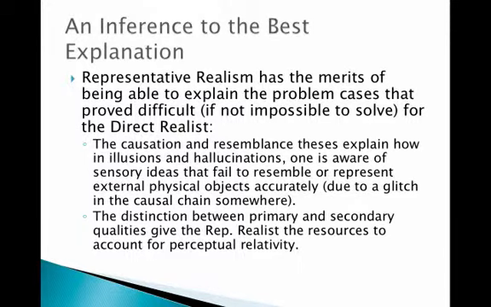Representative realism further has the merits of being able to explain the problem cases that prove difficult, really impossible, to solve for the direct realist. Again, the causation and resemblance thesis explain how in illusions and hallucinations, one is aware of sensory ideas that fail to resemble or represent external physical objects accurately. And it's because of a glitch in the causal chain somewhere. The distinction between primary and secondary qualities gives the representative realist the resources to account for perceptual relativity.